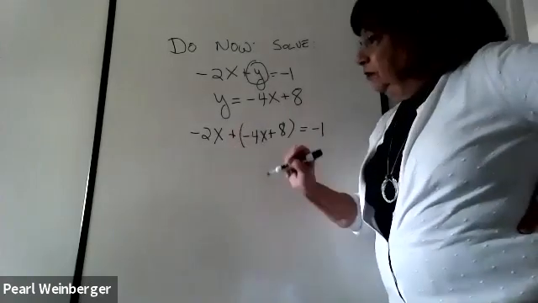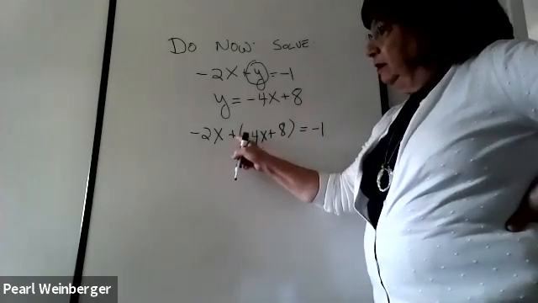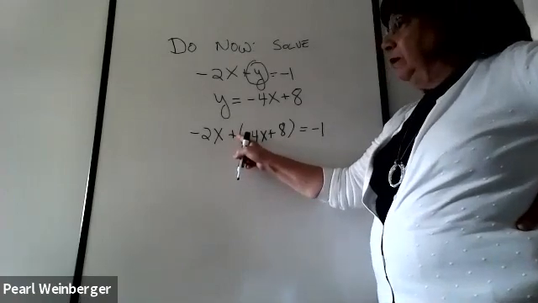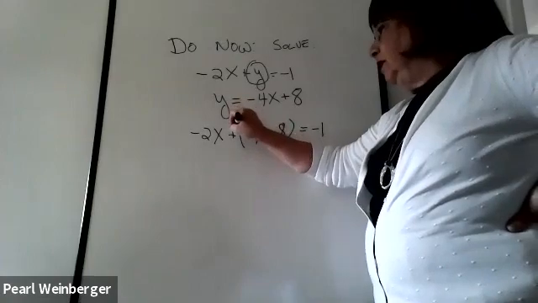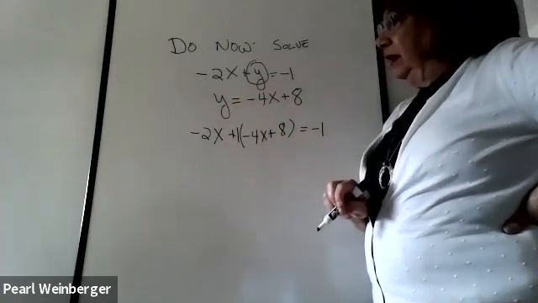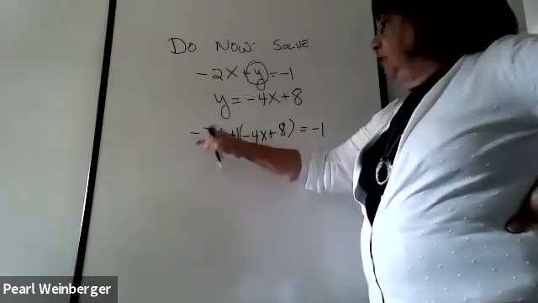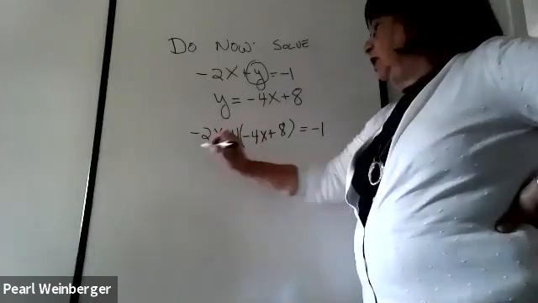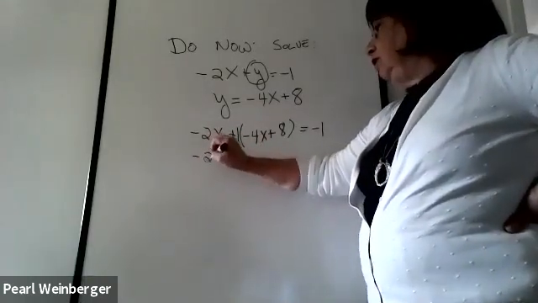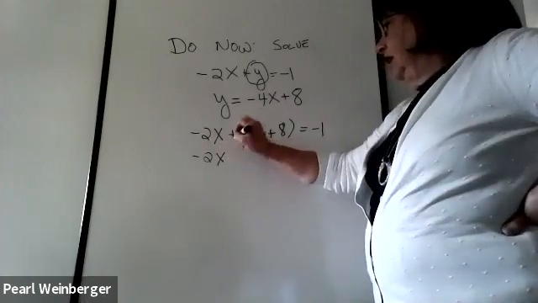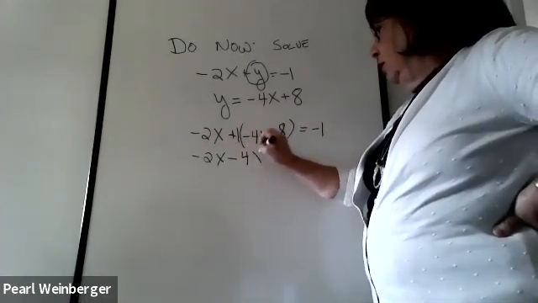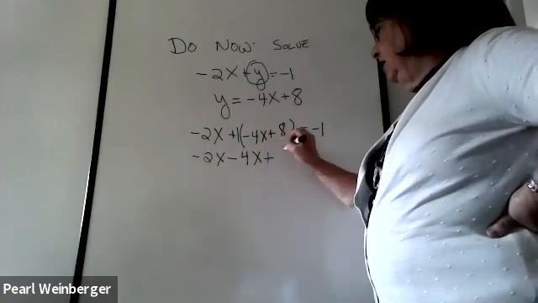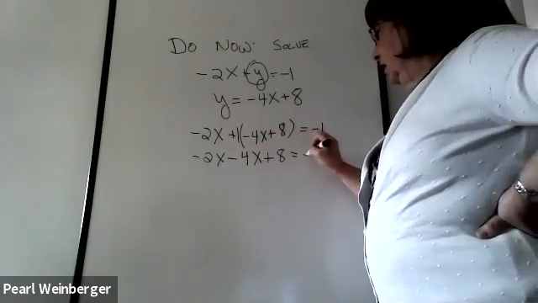Now, there's nothing in front of this parentheses, so when I want to remove the parentheses, I can think of it as if there's a 1 there, an imaginary 1. And therefore, when I use the distributive property, I'll just get negative 2x. Negative 1 times negative 4x is negative 4x. 1 times 8 is 8, and that equals negative 1.